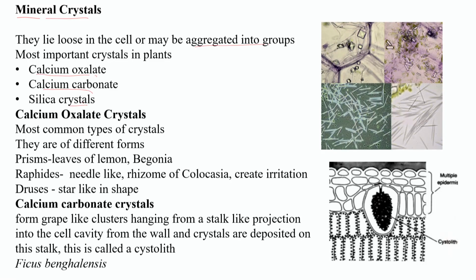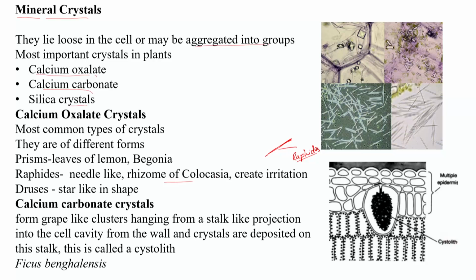Now different shapes of these crystals are present, like you can have needle-like crystals. Okay, these needle-like crystals are known as raphides. These are present in the rhizome of colocasia.